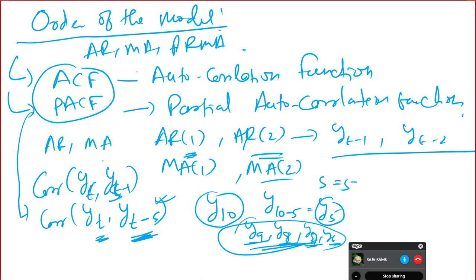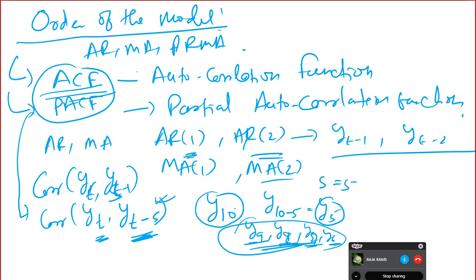Don't worry about the theory of ACF and PACF. These are just two kinds of correlation functions used to find the order of the time series model, the AR and MA. I'll talk about the significance of this.